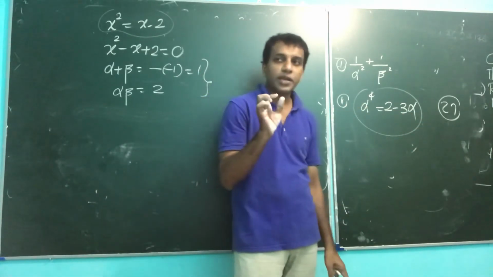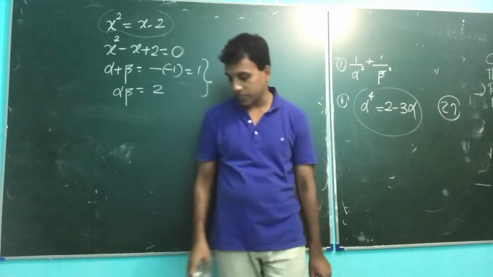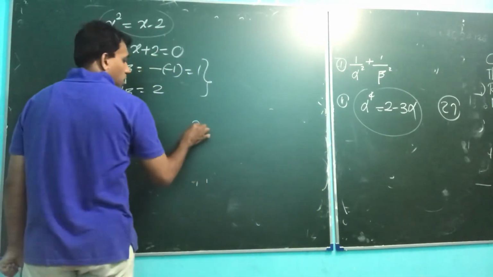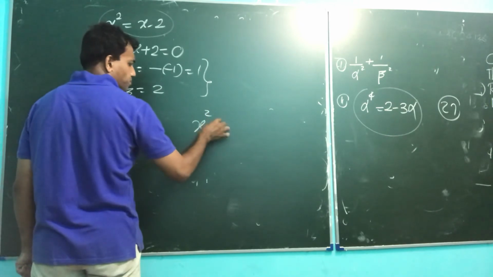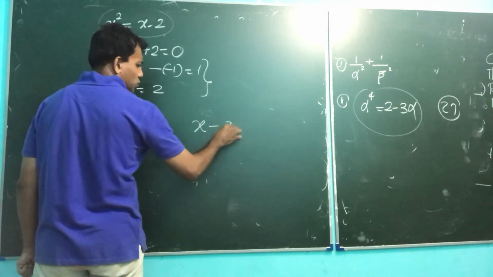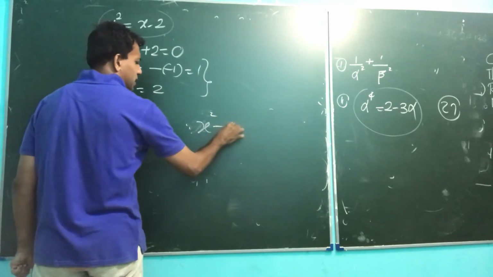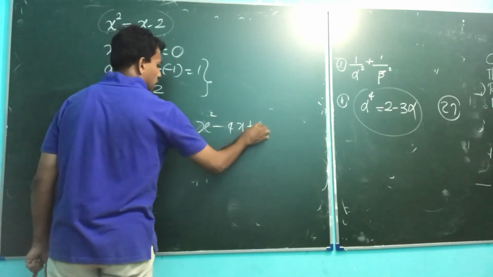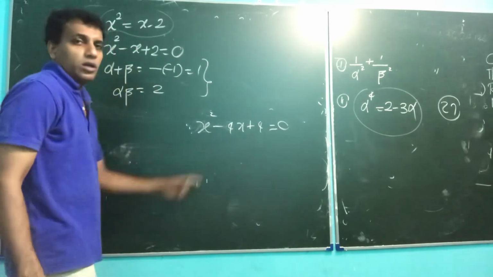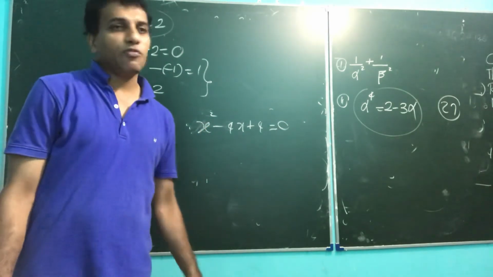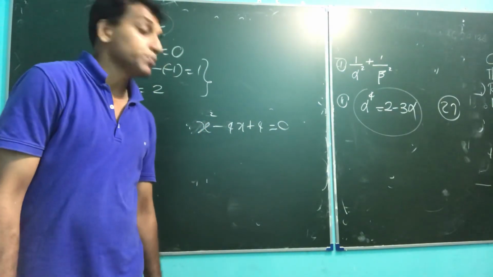So in a quadratic equation, for example, x square minus 4x plus 4 equal to 0. This is a quadratic equation. If we solve, x becomes 2.